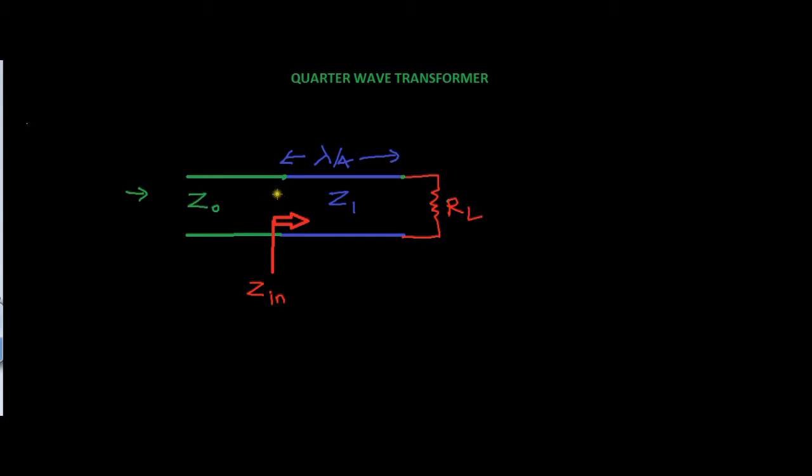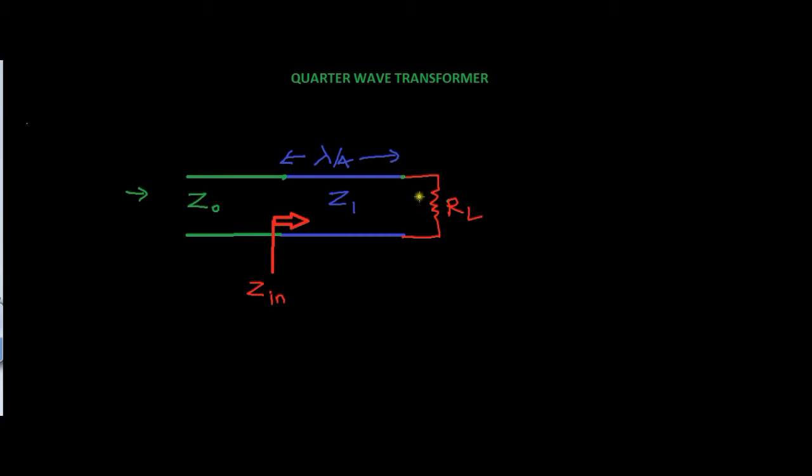There will of course be a reflected wave at this interface and at that interface, which was not considered while discussing the quarter wave transformer, because at that time we were looking at just the broader perspective, like how the quarter wave transformer will work. The detailed analysis was not done. So in order to do the detailed analysis, we need to consider this as well.